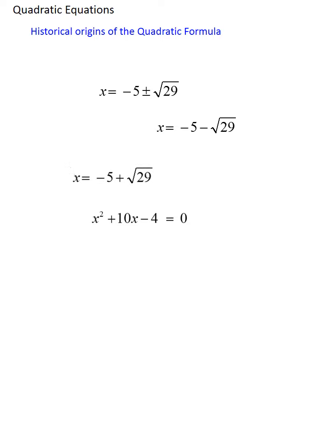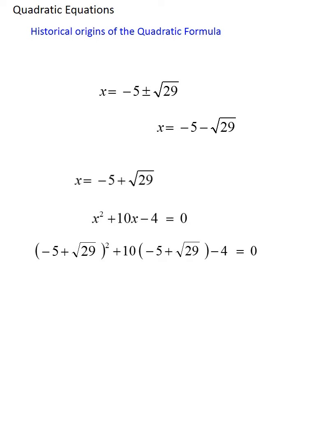Well, let's just take one of the solutions and use it to prove a point. If that's a solution to this equation, shouldn't I be able to plug that back in for x and have this whole thing on the left side equal to 0? Well, that's exactly what I did. I put big open spaces where the x's are. I plugged in this particular root, and I did a lot of algebra.